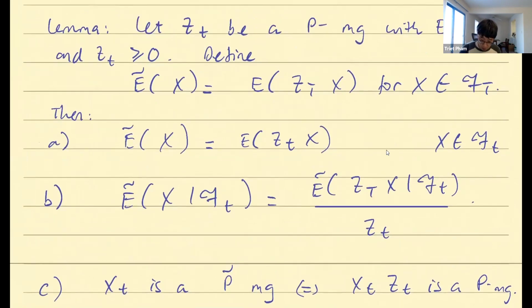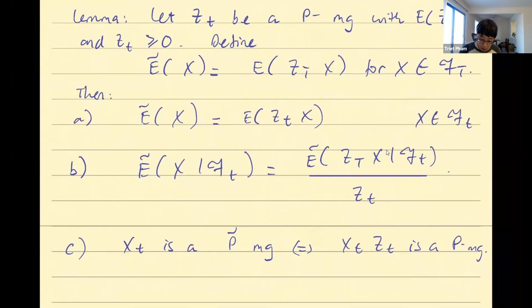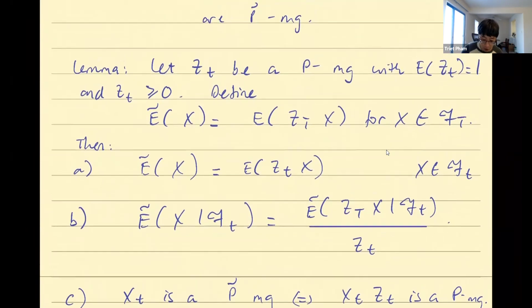This is a detailed characterization of what would happen when we do a change of measure kernel. And this will help us to control the martingale properties that we want. So if you will, this is like a change of measure kernel lemma. So let me say this.